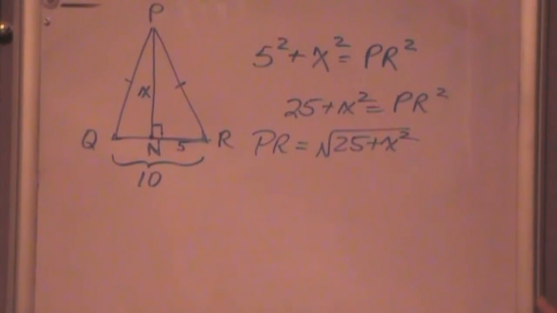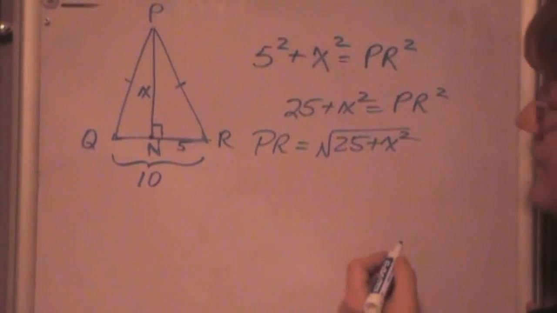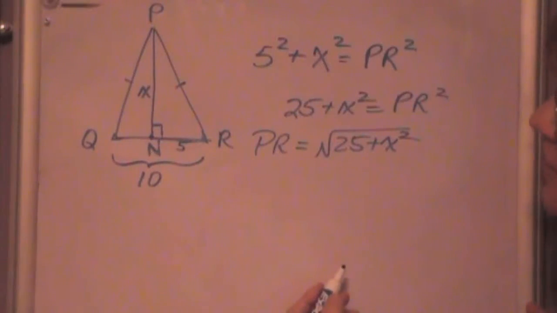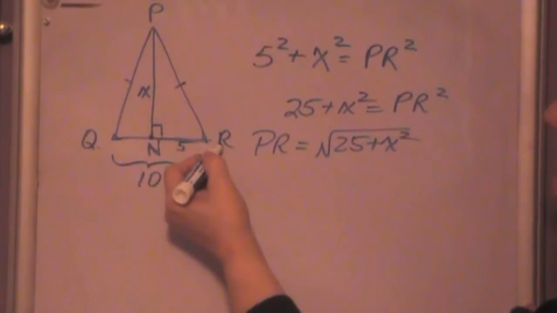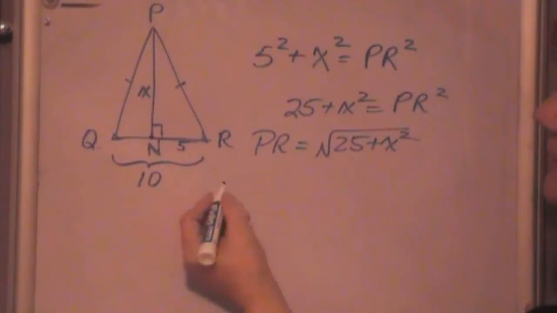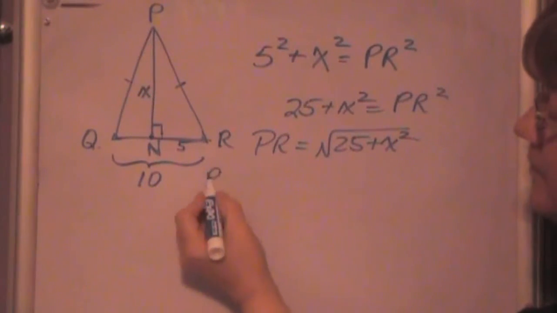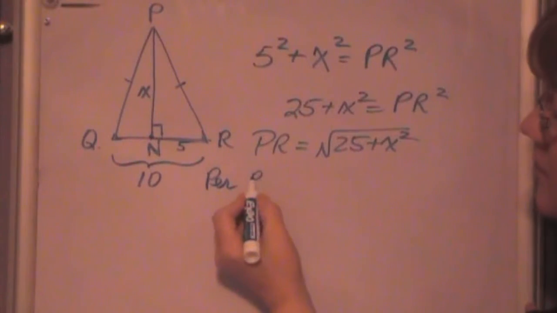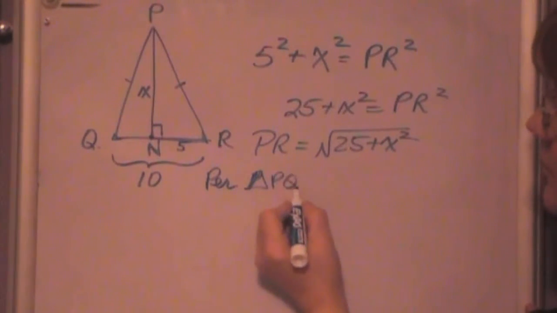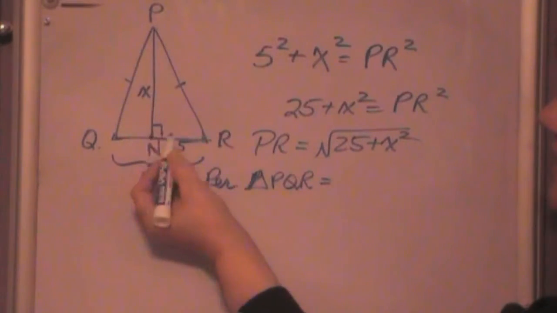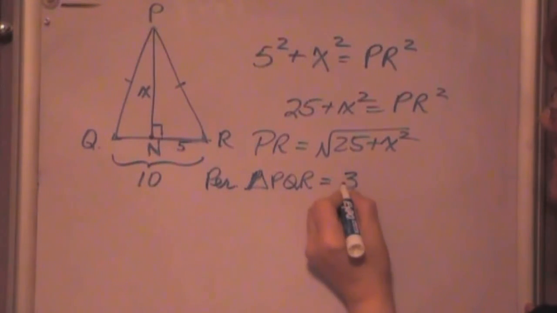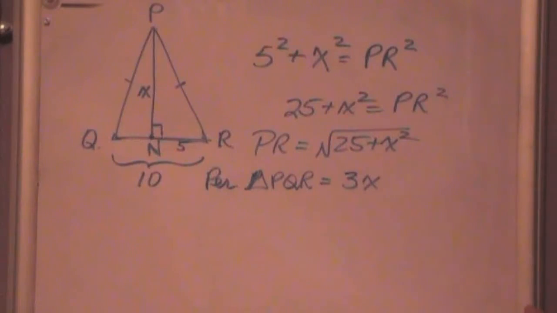Now the second part said that if the perimeter of the triangle, and the triangle they're talking about is not the small little rectangle now, they're talking about the PQR triangle. If the perimeter of triangle PQR is equal to 3 times PN, well PN is equal to x, so this is equal to 3x.